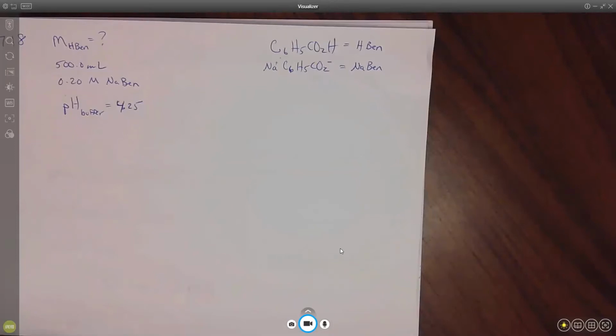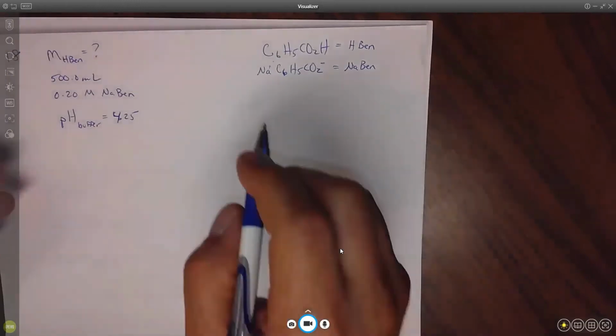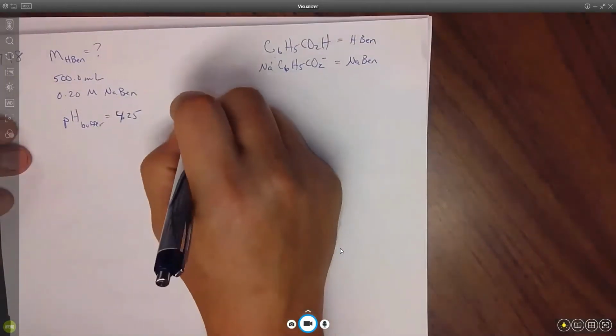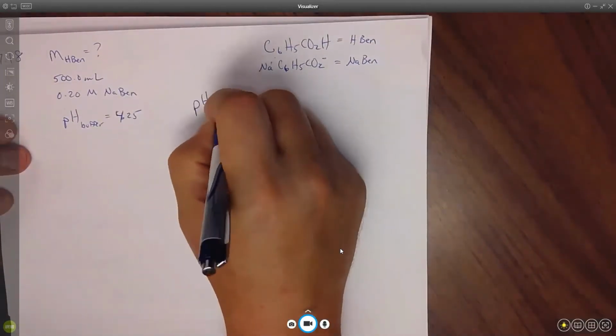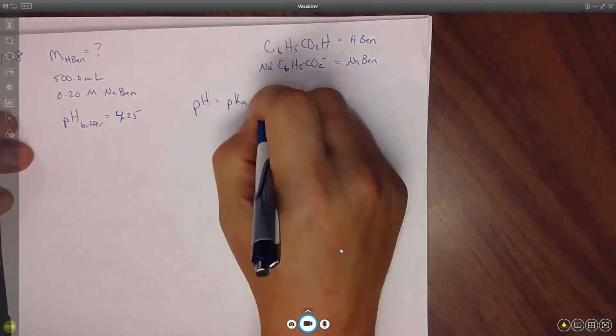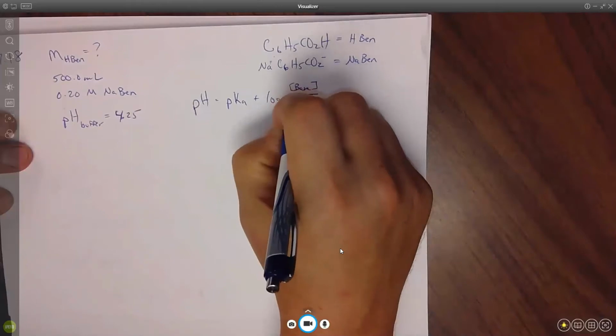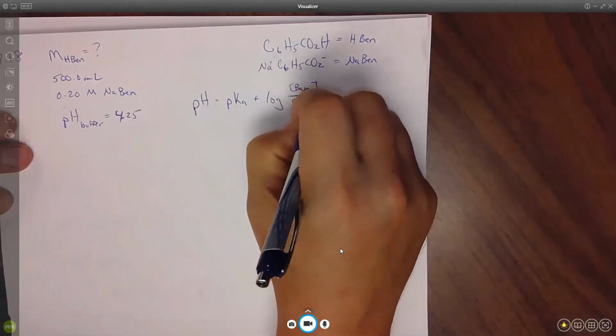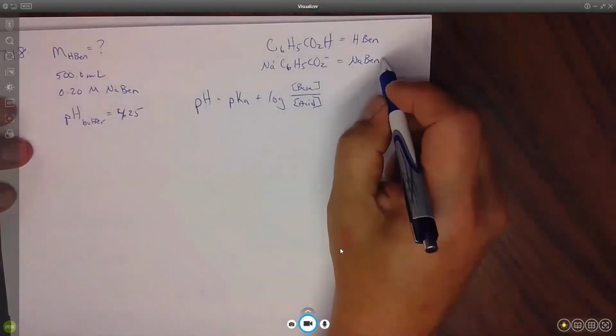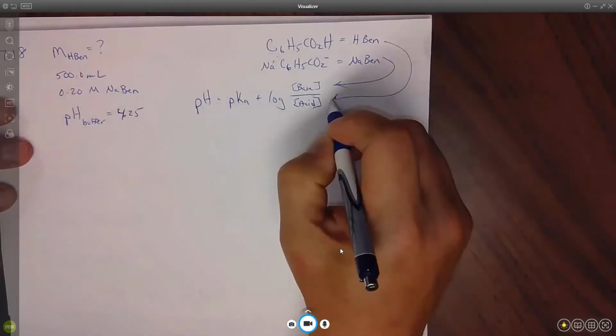Would it be the equation where we use the pH of the buffer and reverse it? Okay, so the Henderson-Hasselbalch equation, right? Is that what we're talking about here? Yeah. So pH equals pKa plus the log of the concentration of the base over the concentration of the acid.